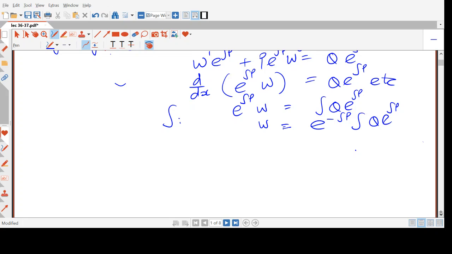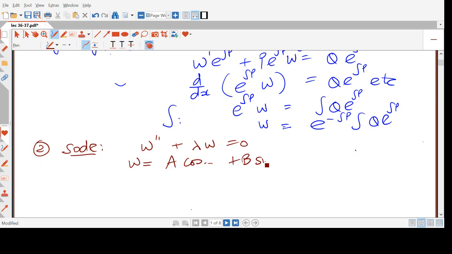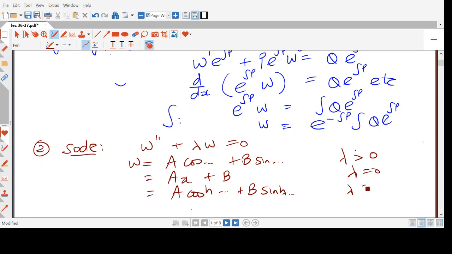So that's one thing. The second thing that I'll need later on in the applications is how do you solve second order differential equations of the type, let's take w double dash plus lambda w equals 0. Now this has got three possible options. Either w is equal to a cos something plus b sine something, and this is when the lambda is more than 0, or it's ax plus b in the case when lambda equals 0, or it's a cosh something plus b sinh something when the lambda is negative.